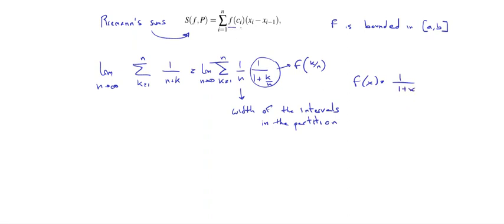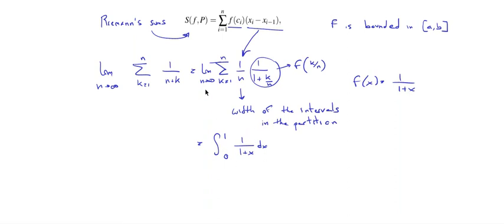So this is f at some point in the interval, this is the width of the interval, and this is the sum, right? And we know that the limit of this is going to be the integral of this function between a and b, right? Now, in this case, when k equals 1 up to n, the interval is from 0 to 1. Okay, and so we just need to compute that integral. We'll see later on how to compute it, but it has to do with the primitive of this function.